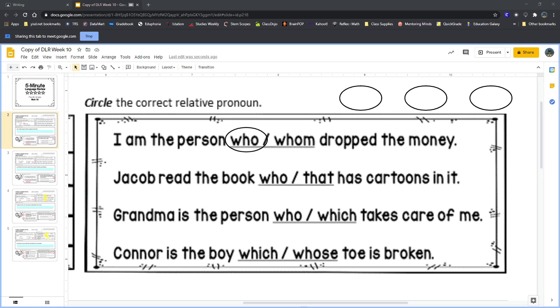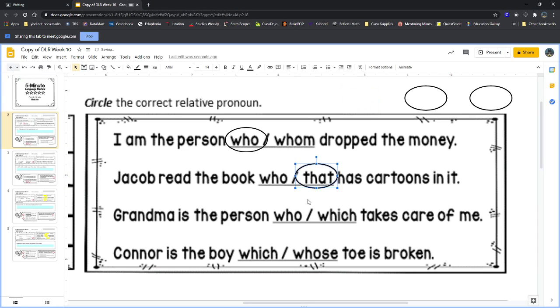Okay, the second word. So Jacob read the book that has cartoons in it. Because Jacob is not the one who has cartoons in him. If Jacob were to somehow look inside his mouth or something, there wouldn't be cartoons on his cheeks or on his tongue or anything. They're in the book.